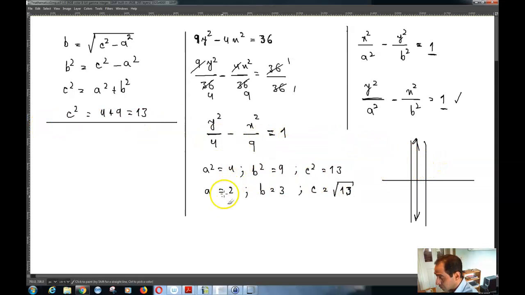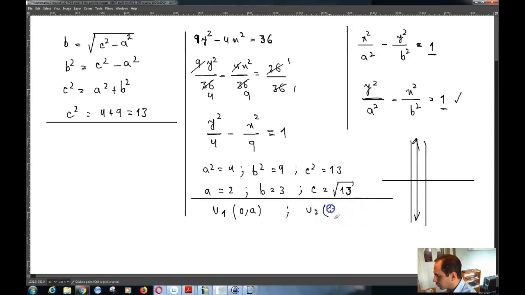And so the points that you have over here, the vertices, are along this vertical line. The x coordinates are 0, so v1 is 0 comma a, and v2 would be 0 comma negative a.